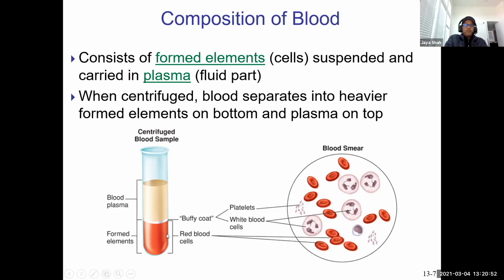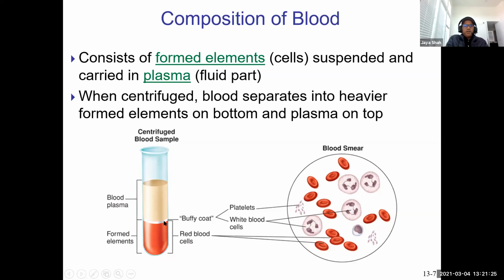The heavier layer, which contains blood cells, is called the formed elements. Most of the formed elements, the bottom red part, is the packed red blood cells. So in the formed elements, almost 99% are red blood cells.